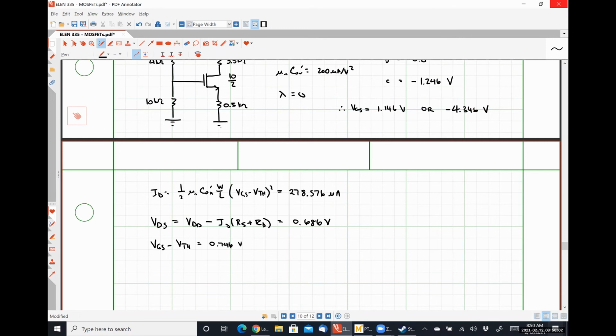We did 9 of these the other day. How can we tell? If VDS is greater than VGS minus VTH, it's saturated. If VDS is less than VGS minus VTH, it's triode. So this one is in the triode region of operation. Okay, so all the work that we've done to this point was useless.